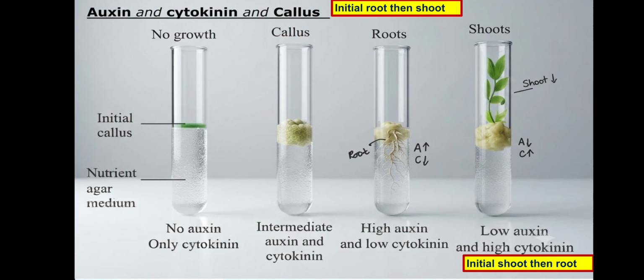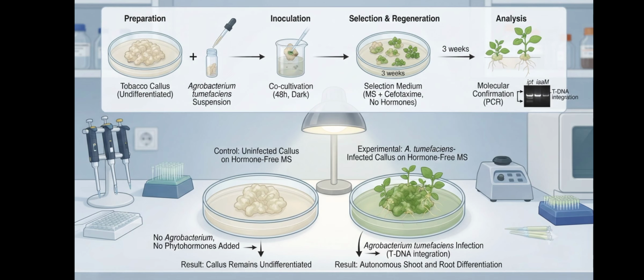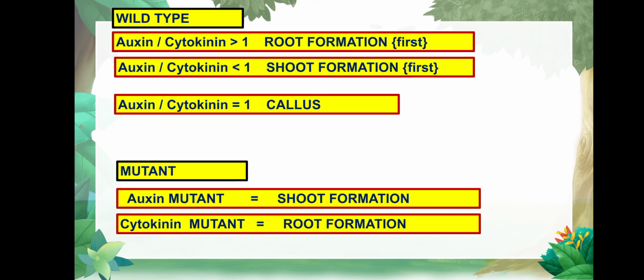So you have seen that the introduction of hormones gives production of shoot and root, isn't it? If we infect the callus with agrobacterium tumefaciens, then also the root and shoot formation appears. So you must keep this chart in your mind, and this is just a repetition.